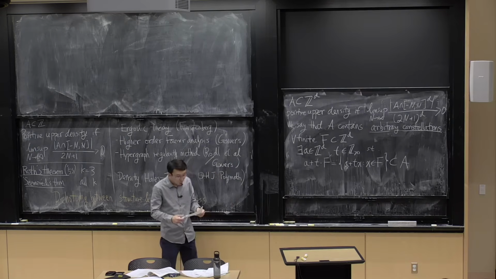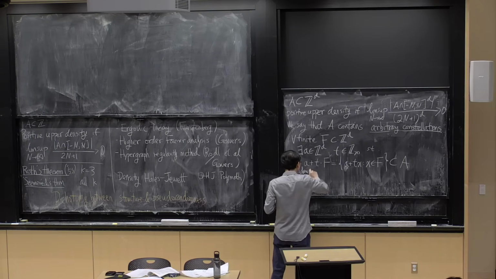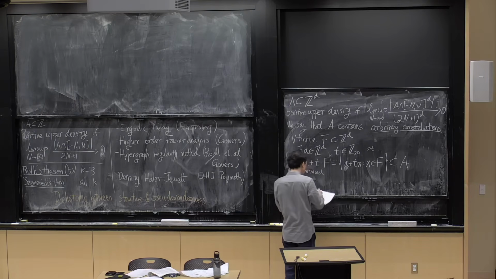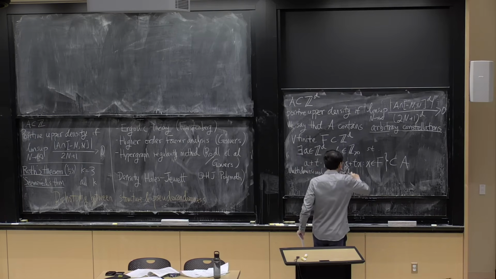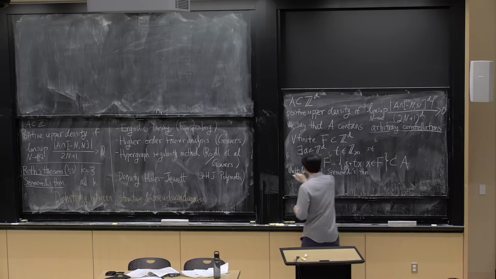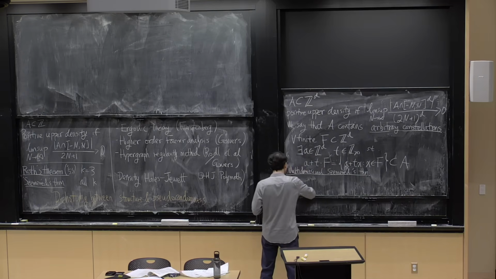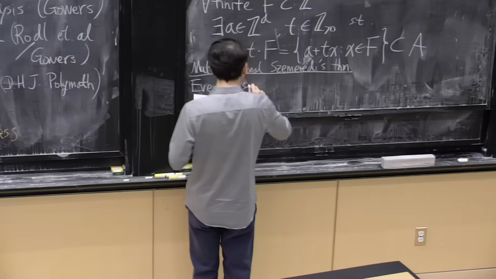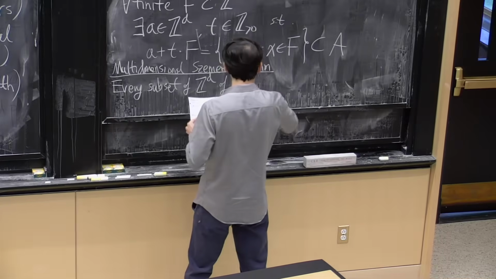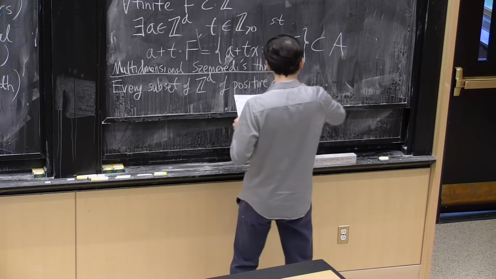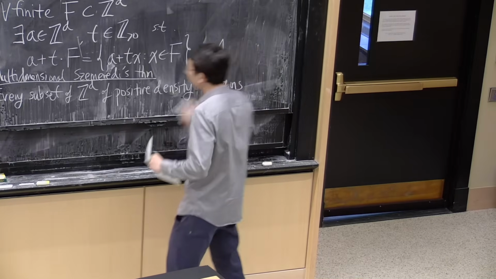That's a definition, and the multidimensional generalization of Szemerédi's theorem says that every subset of the d-dimensional lattice of positive density contains arbitrary constellations.